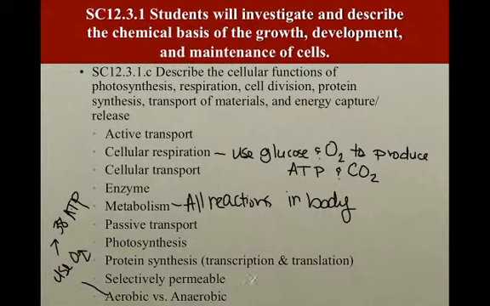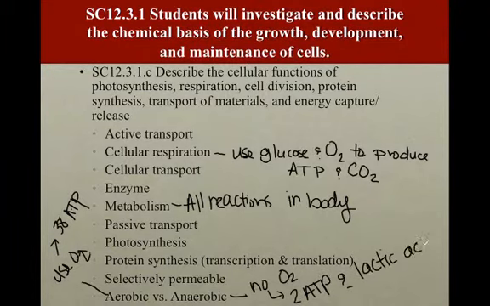Versus anaerobic has no oxygen, and it produces only about 2 ATP, and the other byproduct is lactic acid, which is part of the reason why, if you haven't worked out for a while, you get sore muscles.